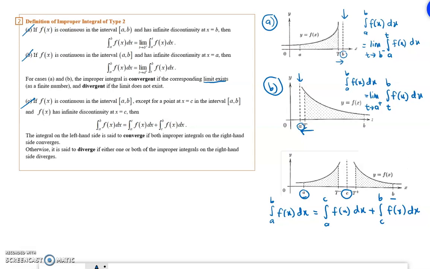This case is also the same as the previous type 1, where the left-hand side integral is said to be convergent if both improper integrals on the right-hand side are convergent. But the left-hand side integral will be divergent if one or both of the integrals on the right-hand side are divergent. So it can be divergent and convergent, convergent and divergent, and also both divergent.